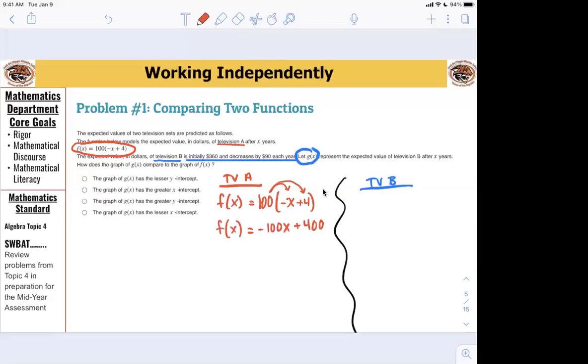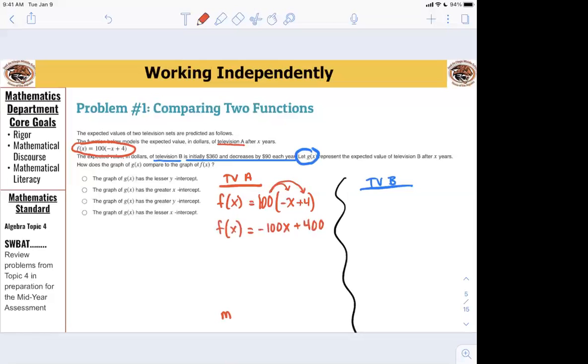I know a few things. What do I know about this television? Or about the function? What do I know? You already know the x and the y. So you were half right. We know the y-intercept, and then Bianca said the other thing. We know the slope, yeah.